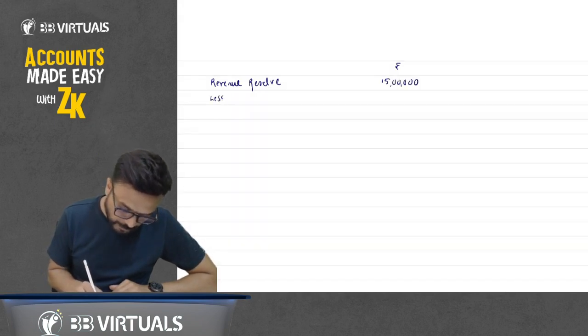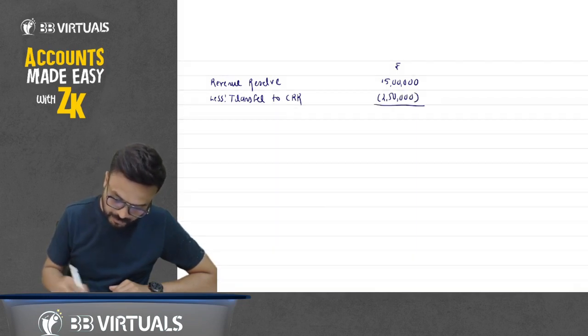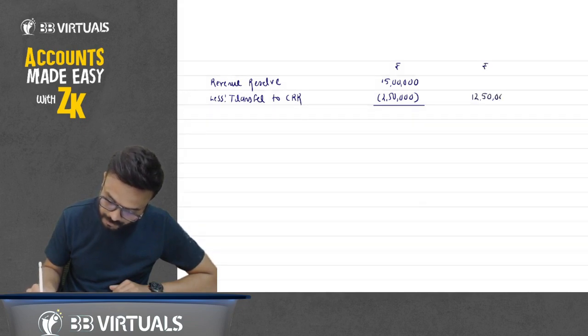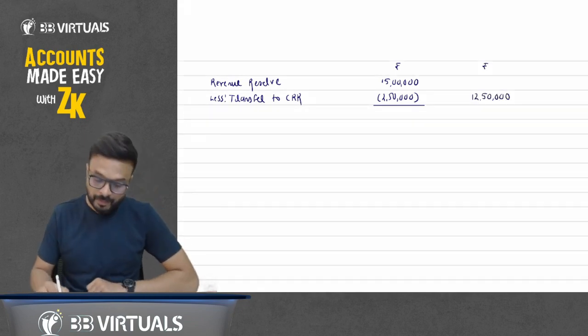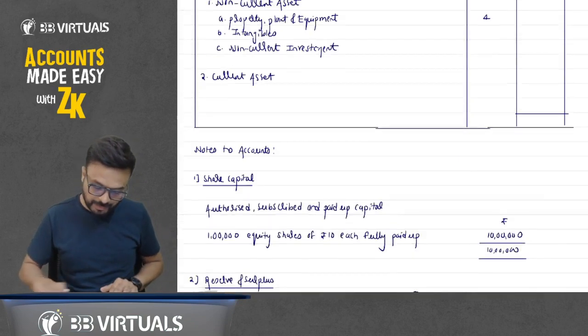Less transfer to CRR, that is capital redemption reserve, 2,50,000. So how much balance do we have now? In the outer column it will come 12,50,000. Okay.